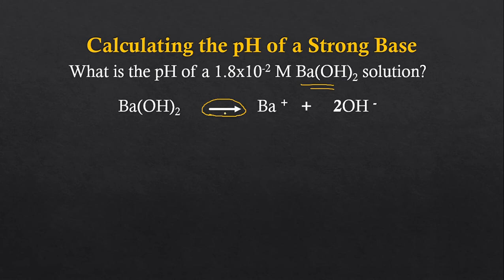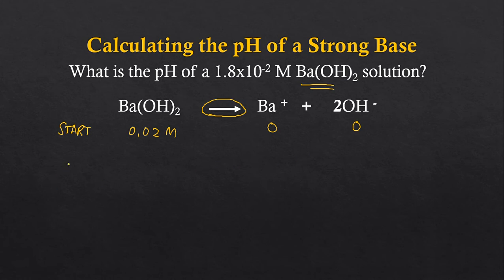One single arrow lang siya. Okay? So, at the start of the reaction, we have 1.8 times 10 to the negative 2 or 0.02 molar na barium hydroxide. Wala pa tayong barium positive at OH negative.